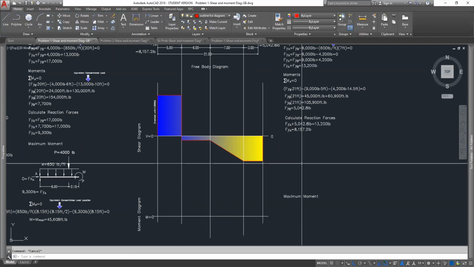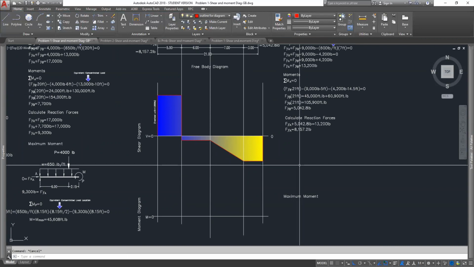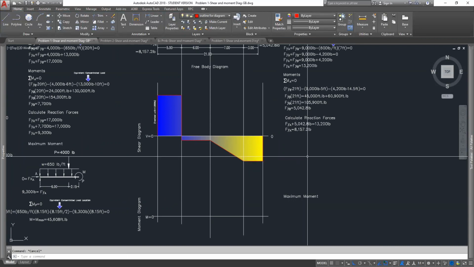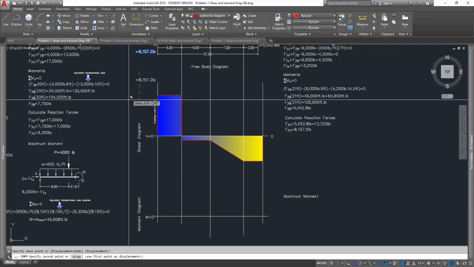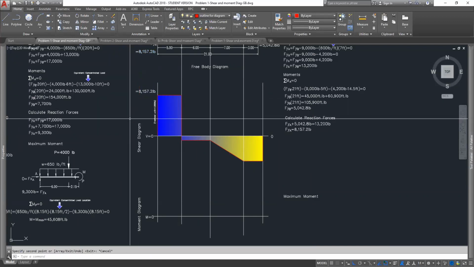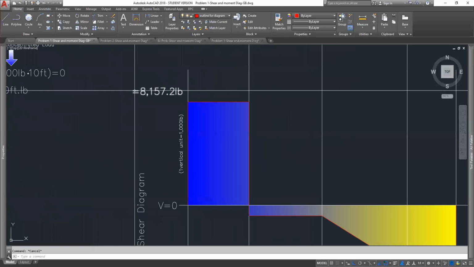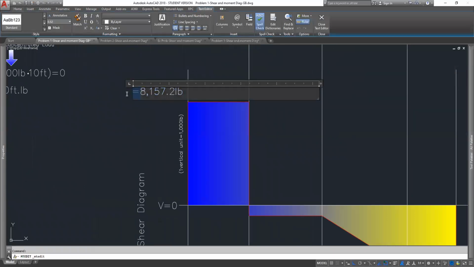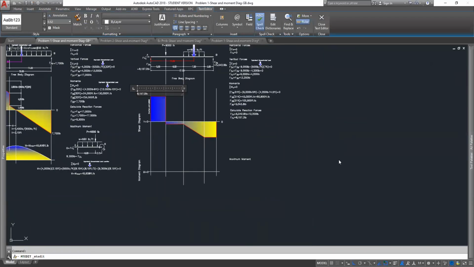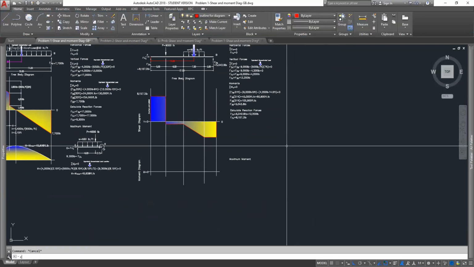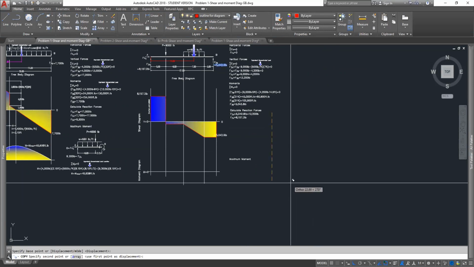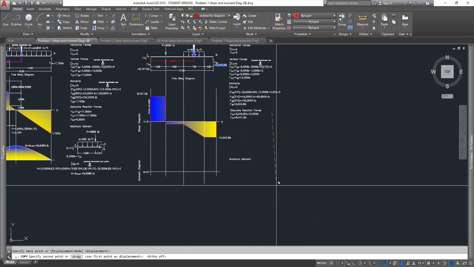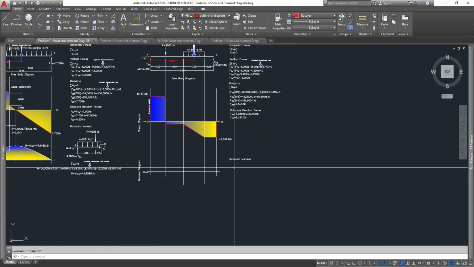In your problem it may be different, but in this problem, where is my maximum shear? Wouldn't it be 8,157? It's the bigger of the two values. I'm glad you answered, Lorenzo.